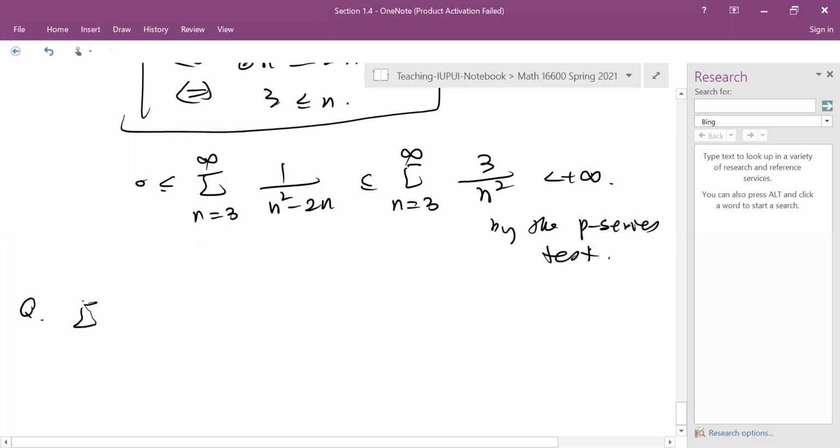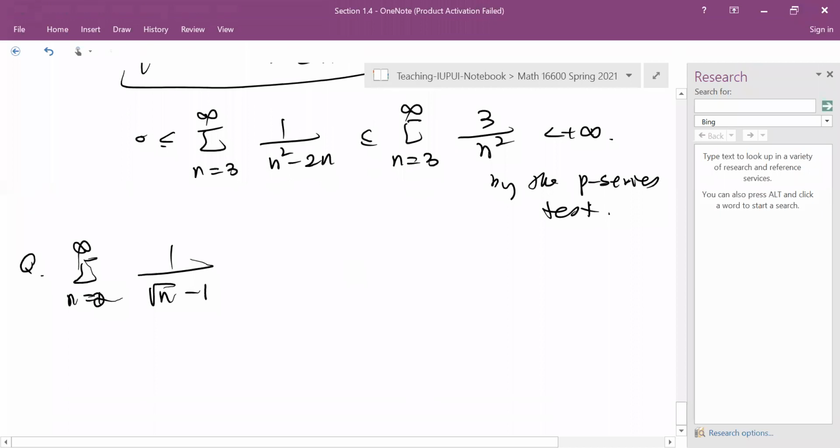So here's another problem. This starts from 2 square root n minus 1. Is this series convergent? I'm going to change the minus 1 to plus 1 later.